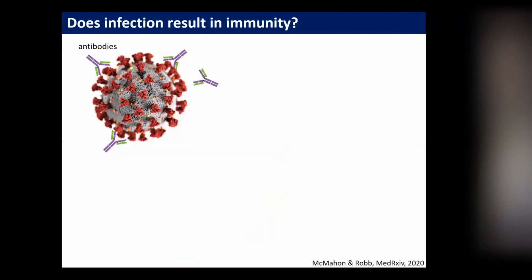So one of the important questions that's come out of this pandemic is whether infection with SARS-CoV-2 actually makes you immune and can stop you getting reinfected with the virus a second time round. Those red protrusions, the spike proteins, are the primary target for antibodies that can give you immunity to the virus.